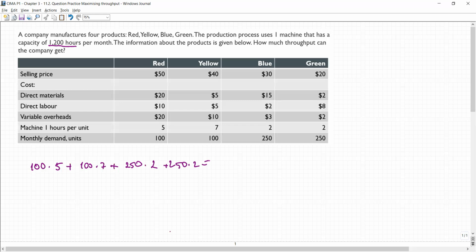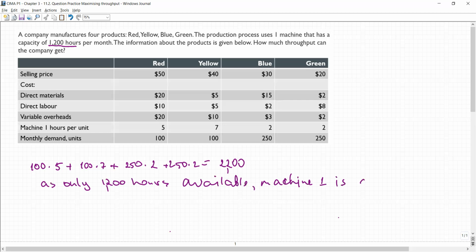Now let's multiply everything and add up, and it seems that we need 2,200 hours, but we have only 1,200. So as only 1,200 hours are available, then machine 1 is a bottleneck.